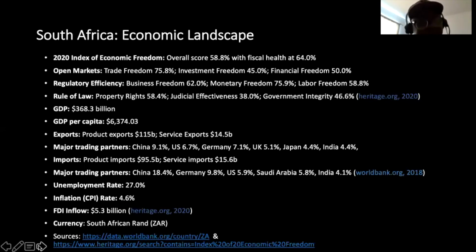It's a single-digit figure, so both India and South Africa have good inflation rates. The foreign direct investment inflow is about 5.3 billion, which means that the amount of money that investors invest directly is around that much. And the South African rand is the major currency.